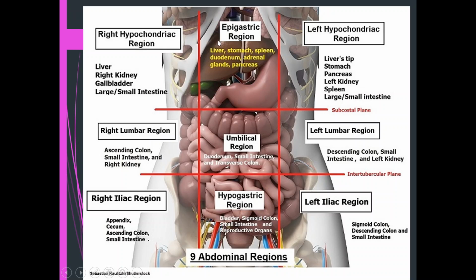At the epigastric region, you can find the liver, stomach, spleen, duodenum, adrenal glands, and pancreas. In the middle, the umbilical region, there lies the duodenum, small intestine, and the transverse colon. At the lowest portion and in the midline is your hypogastric region. The bladder, sigmoid colon, small intestine, and reproductive organs are found here.